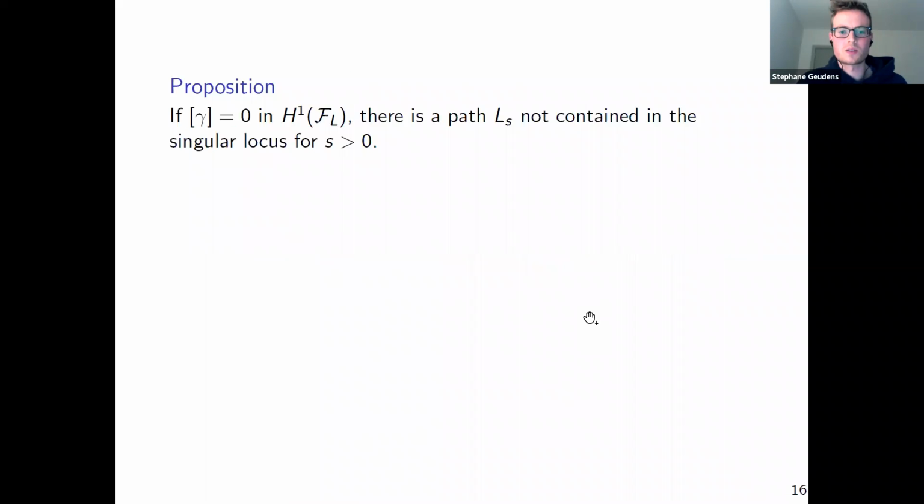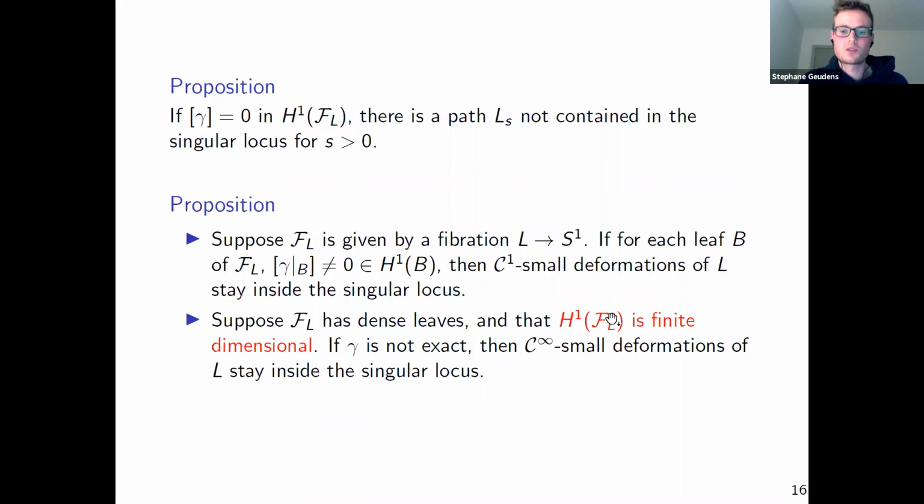But this is not the case in general, but it is true when H1 is finite dimensional. But even in that case, the conclusion is a bit weaker. If we have dense leaves and H1 is finite dimensional, then if gamma is not exact, there is a neighborhood of the Lagrangian in C infinity topology only, such that deformations inside this neighborhood stay inside the singular locus.